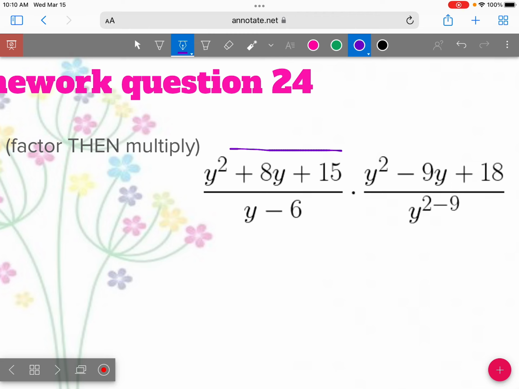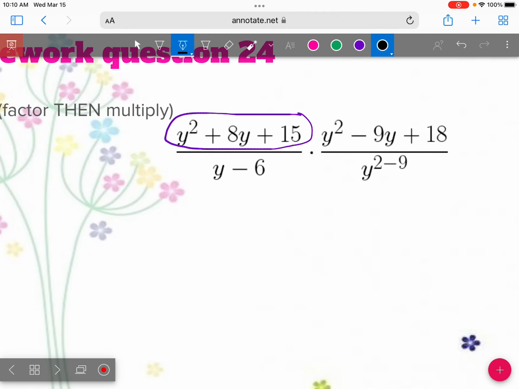Okay? So what we're going to do is color code because it really helps us see what's going on here. I'm going to factor the top. We have our X frame. At the top, we go A times C, which is 15, and the bottom is 8. So our pair of numbers that multiplies to be 15 and adds to be 8 are going to be what? 5 and 3.